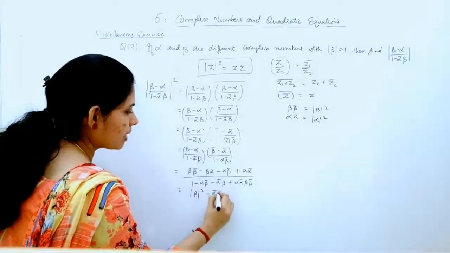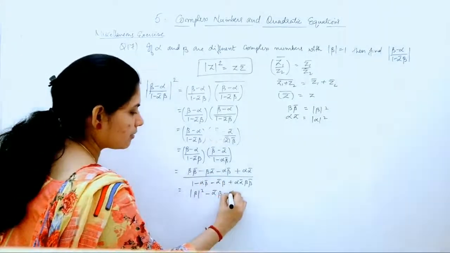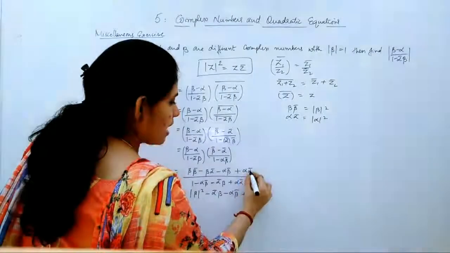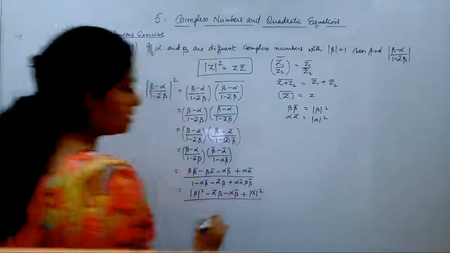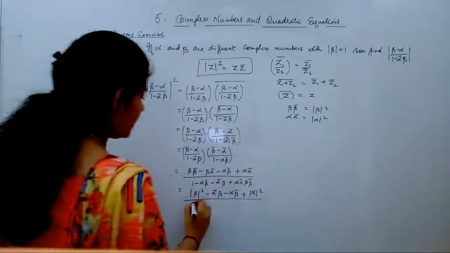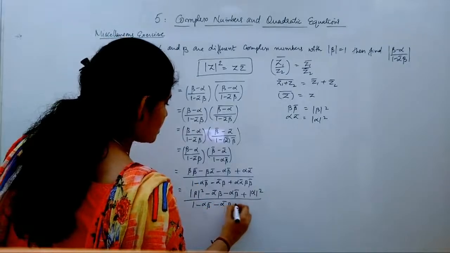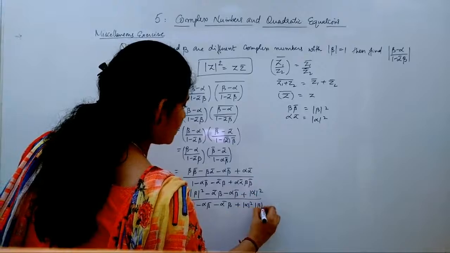This is again alpha bar beta, I have not done anything, just interchanged the position, then minus alpha beta bar, and here again it is alpha alpha bar, so I can write it as mod alpha square, divided by 1 minus alpha beta bar minus alpha bar beta plus mod alpha square into mod beta square.